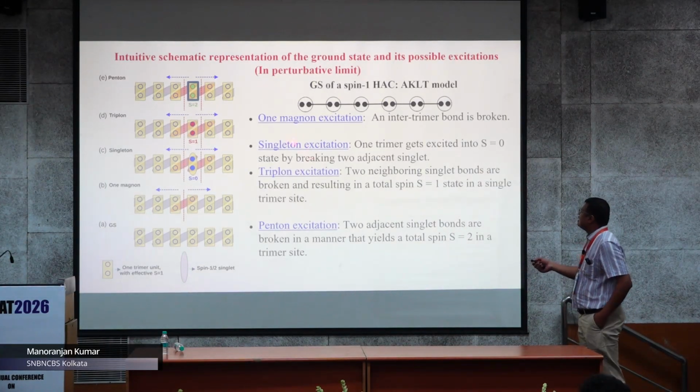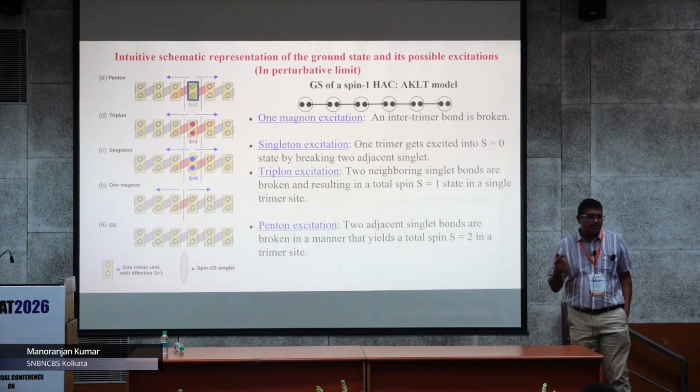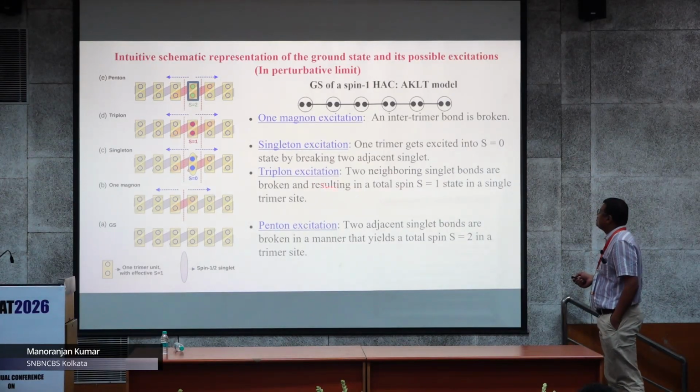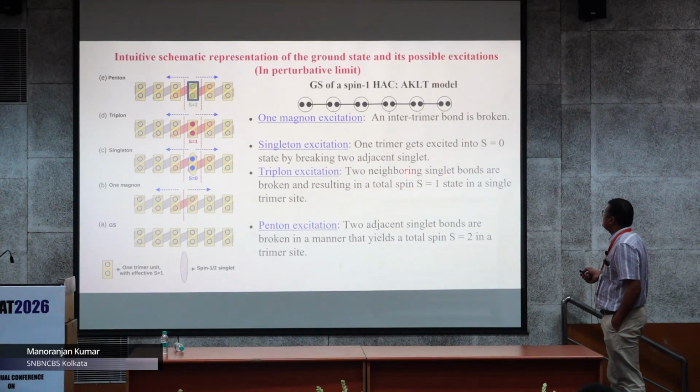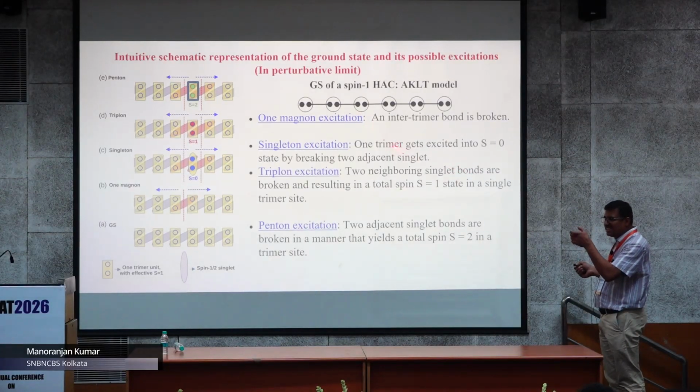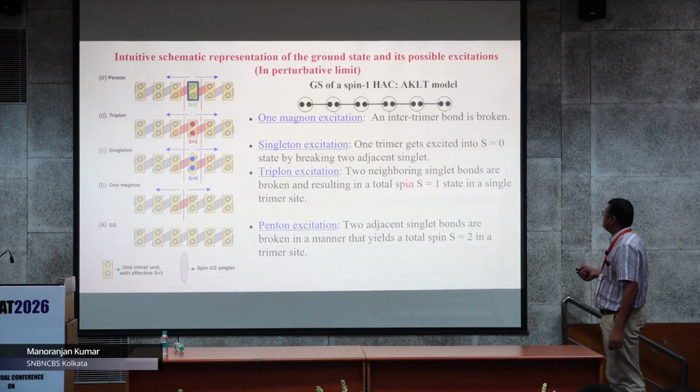Okay, so in singleton excitations within the trimer, what you do is break the adjacent singlet. Similarly for tripleton excitations, you keep breaking these singlet bonds within the trimers and effectively maintaining that your spin should be 1.